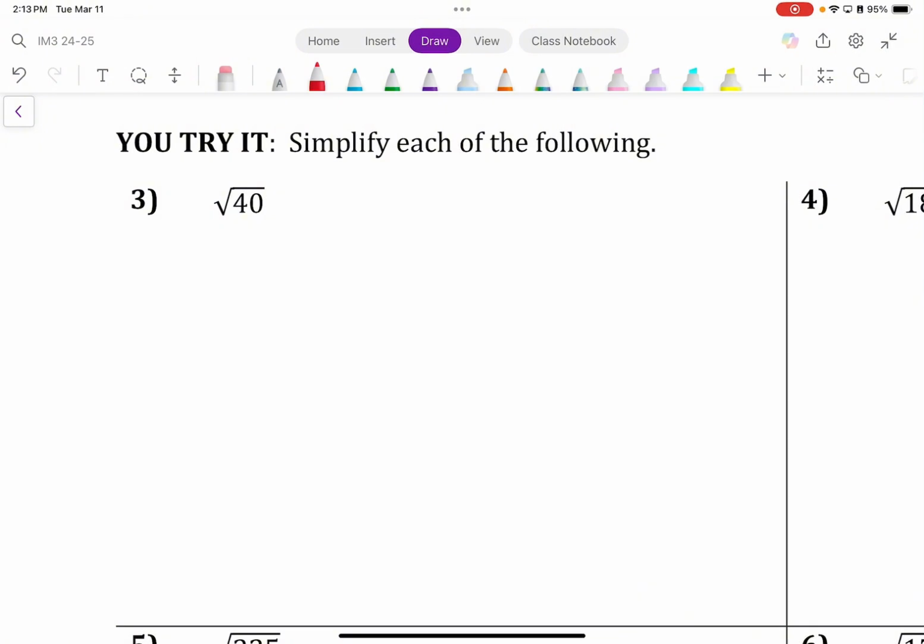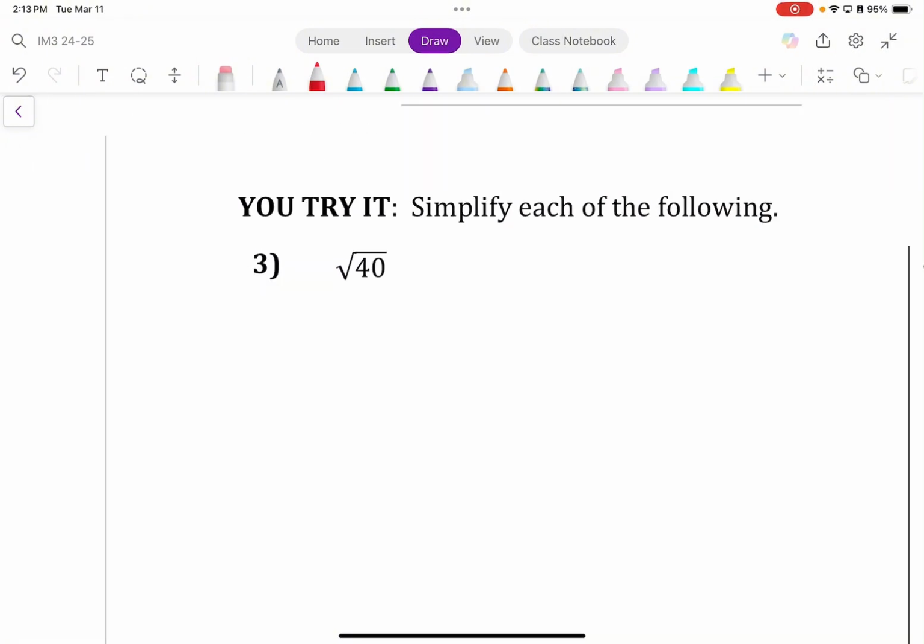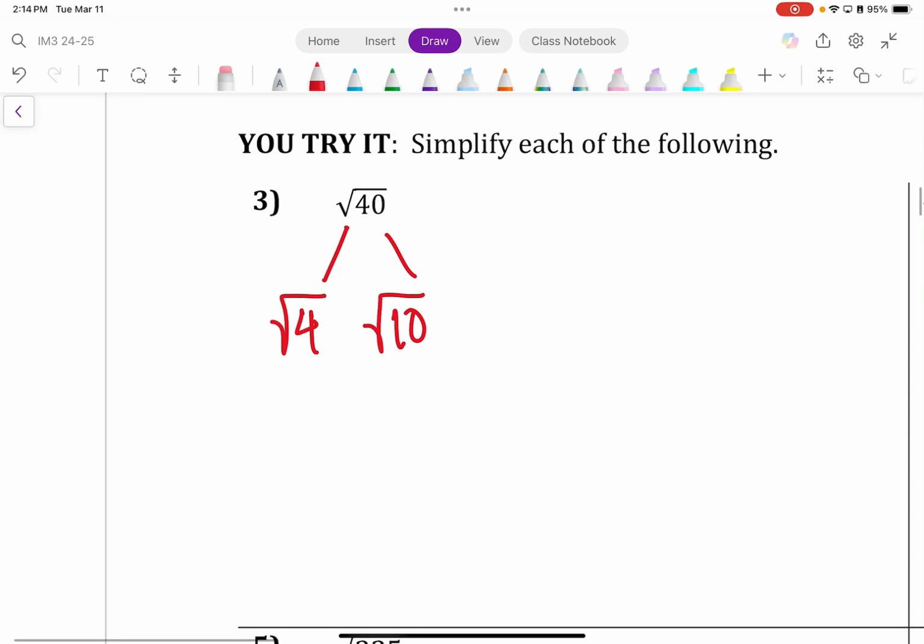So obviously I can see some of you guys are confused. Please follow along up here. If I want to split up 40, what would be two numbers that I can split 40 into? 2 and 20 or 4 and 10? Do I have any perfect squares here? Yes.